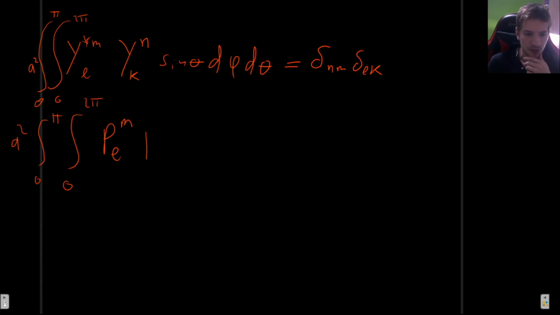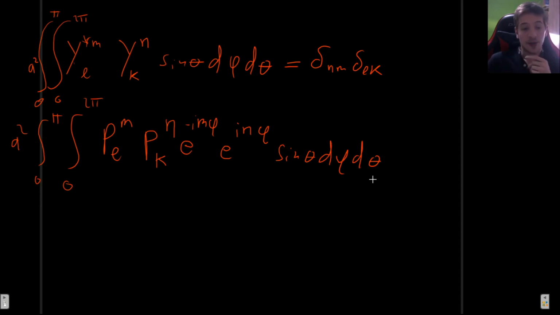So the associated Legendre polynomial of LM, and also the associated Legendre polynomial of KN. And then we have e to the i m phi, well, one is going to be negative, and this one is going to be i n phi, and this is going to be sine theta d phi d theta. Okay, so this is what we are now dealing with.